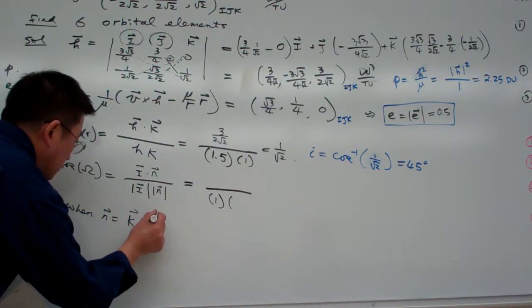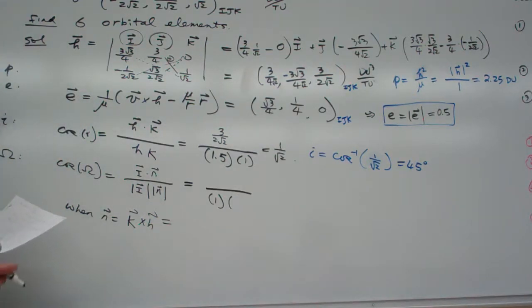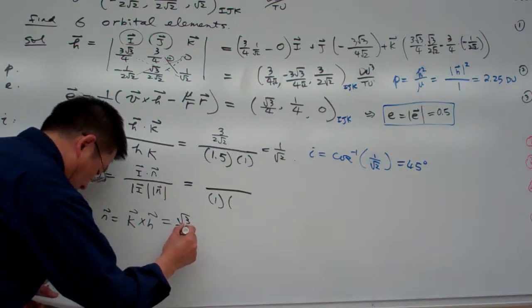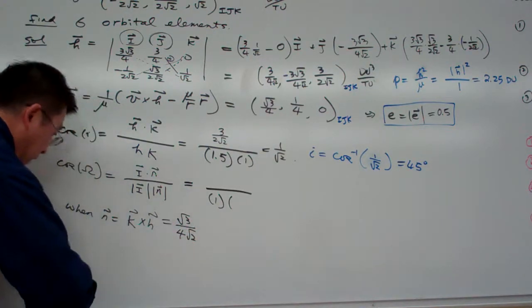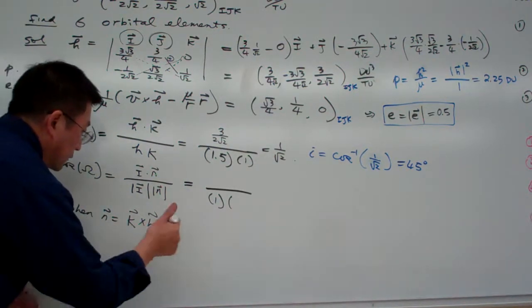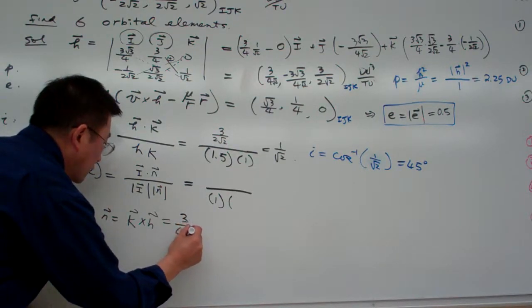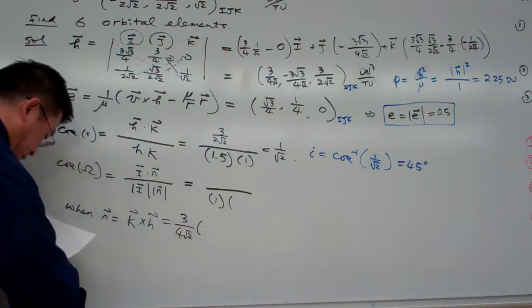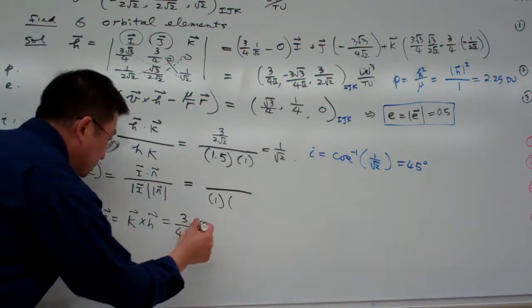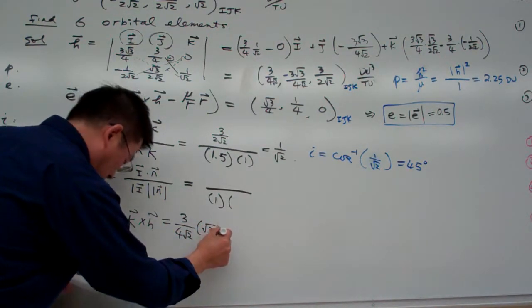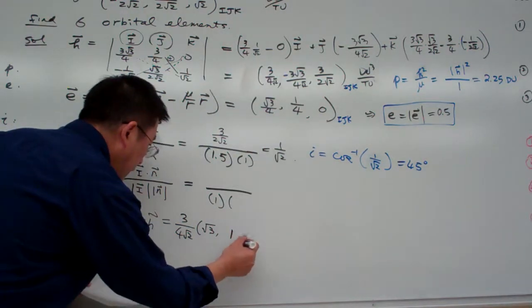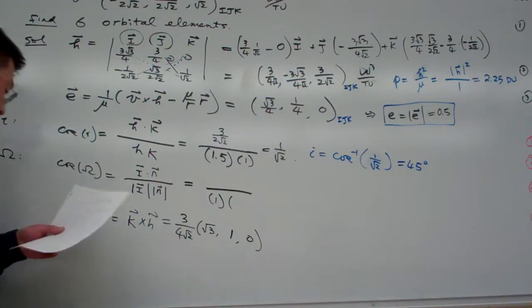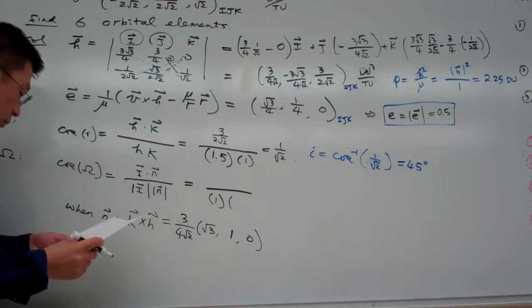So here we do the calculation, that is square root 3, 4, square root 3, 1, 0. So here we have n, and now we can determine the magnitude of n.